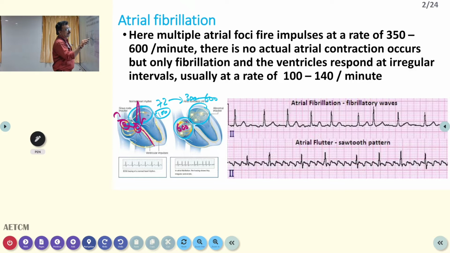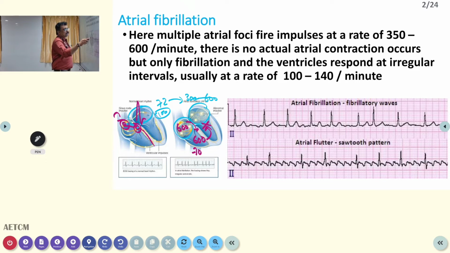If all 600 beats are transmitted to the ventricle, then the ventricle may beat at a rate of 600 instead of 70, ten times more. Then the output will be completely reduced, because the ventricle needs some time to relax before it can pump. So if instead of 70 it becomes 600, there will not be any pumping at all. That is the problem in atrial fibrillation.